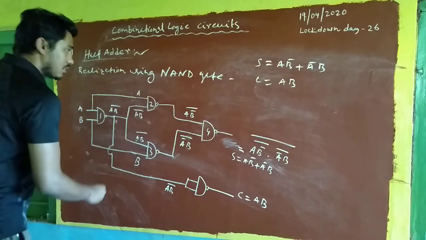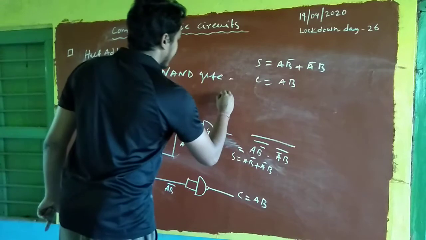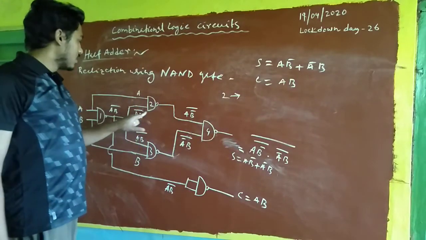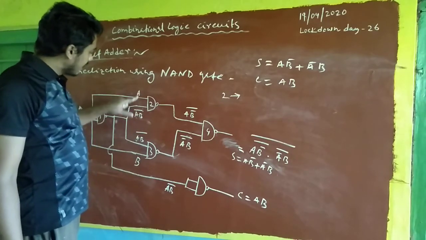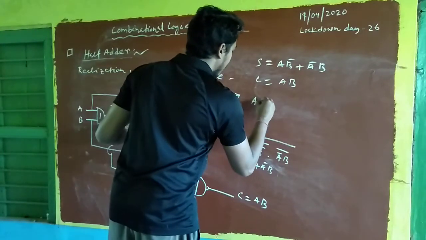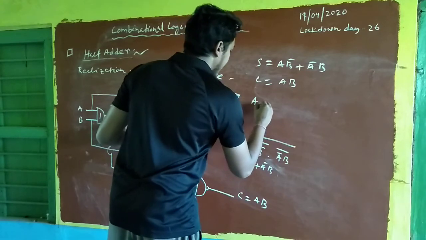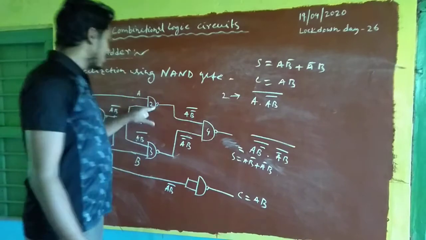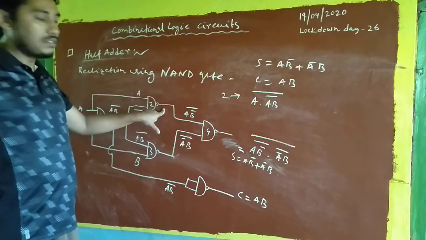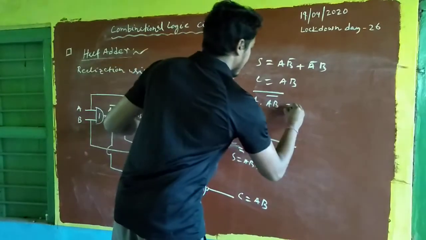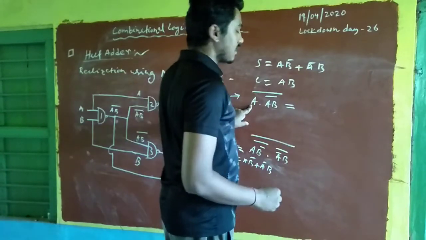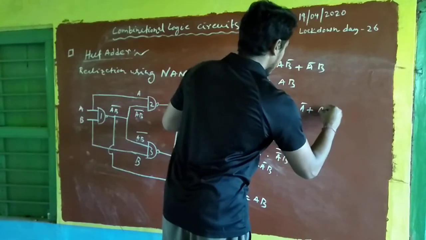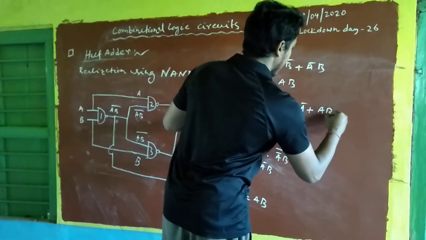So we are writing here the output of NAND 2. What are the inputs we are using? A and AB bar. According to the NAND gate, it is A dot AB bar, whole bar. So this is the output of 2. Now after simplification using De Morgan's theorem, it comes to A bar plus AB.